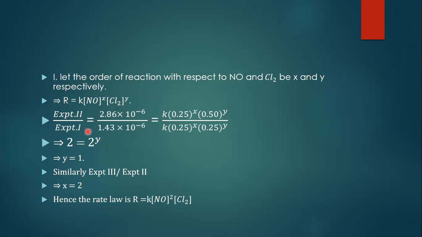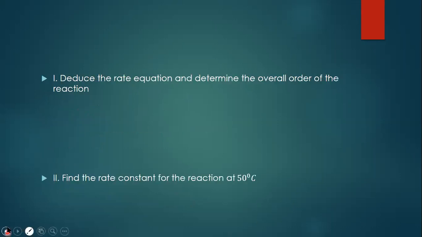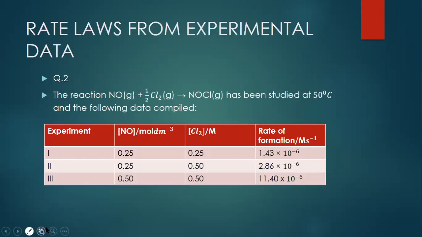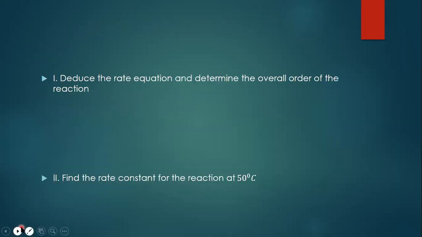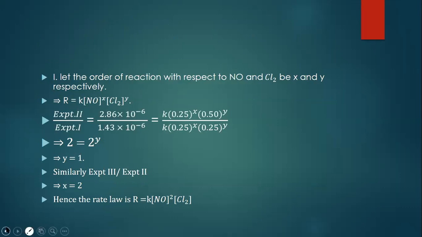So if we go back to the table, we are doing experiment 2 over experiment 1. Experiment 2 over experiment 1. The reason why we are doing that is that if you look at experiment 2, we have 0.25 and then 0.25 there.